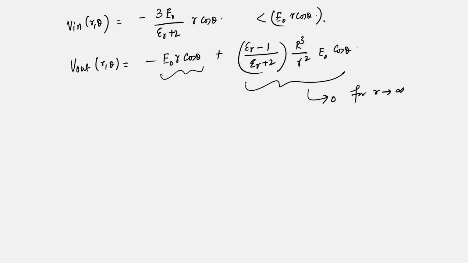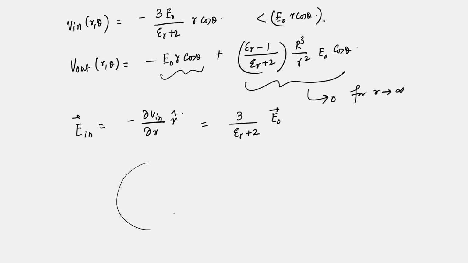And how do we calculate the E_in and E_out? So, E_in, that is inside, is equal to minus del V_in by del r r-cap and so on, and this gives you 3 divided by (epsilon_r + 2) times the vector E_0.